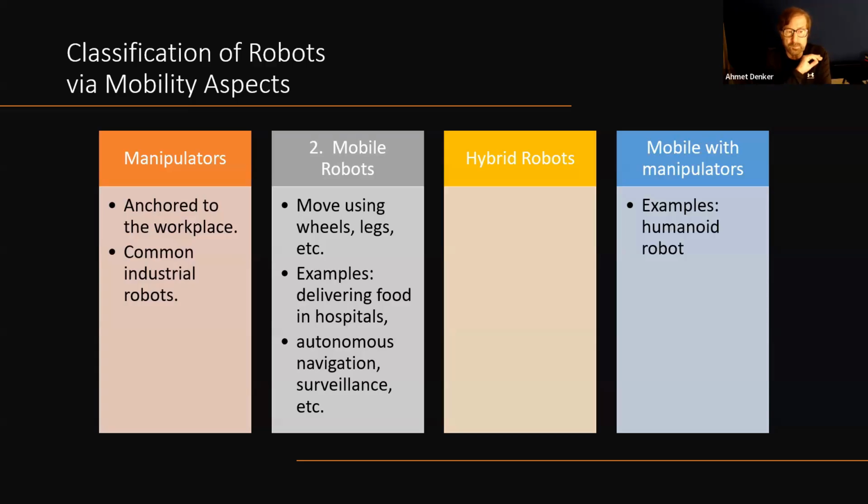According to the mobility aspects, robots can be classified into three groups: manipulators, mobile robots, and hybrid robots. An industrial robot is usually a manipulator robot. A robot like the Curiosity on Mars is a hybrid robot, or a humanoid robot like Honda's Asimo is also a hybrid robot.